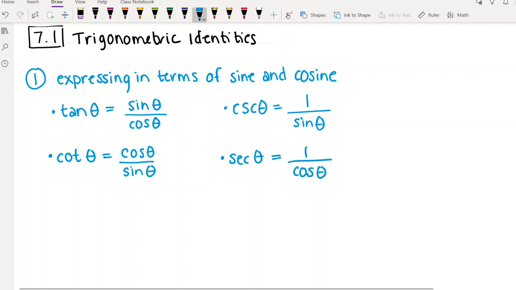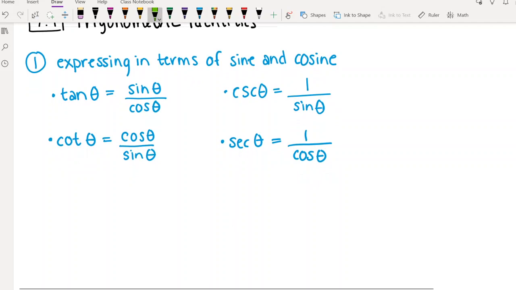So one strategy that we saw, and we're going to be doing a lot of this in today's examples as well, is taking whichever trig functions are involved in your expression and rewriting them in terms of sine and cosine, because that will allow you to see what can be combined or canceled out in different ways.